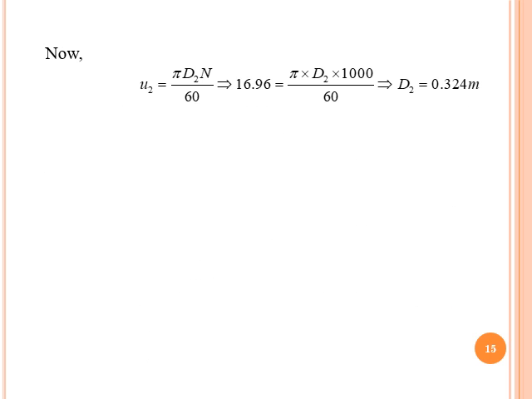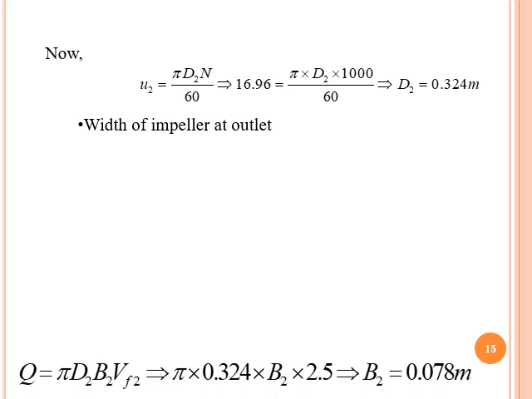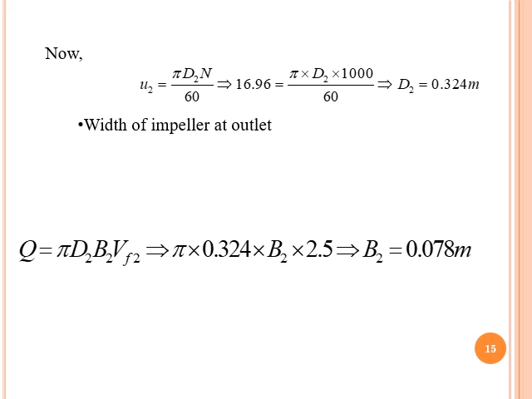So now U2 equals pi D2 N by 60. The U2 value is known, that is 16.96, so D2 is calculated as 0.324 meter. So now the width of the impeller at outlet is calculated by using the discharge formula.